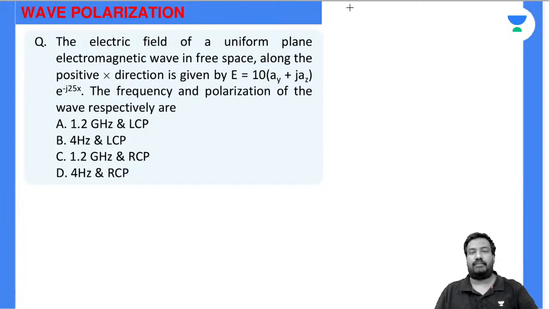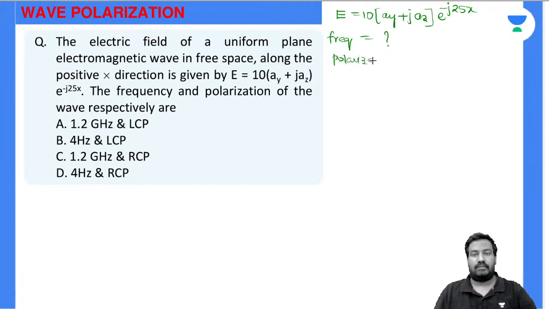Next question. If E is given by 10 ay plus j az, e power minus j25x, find the frequency and polarization. Find out.